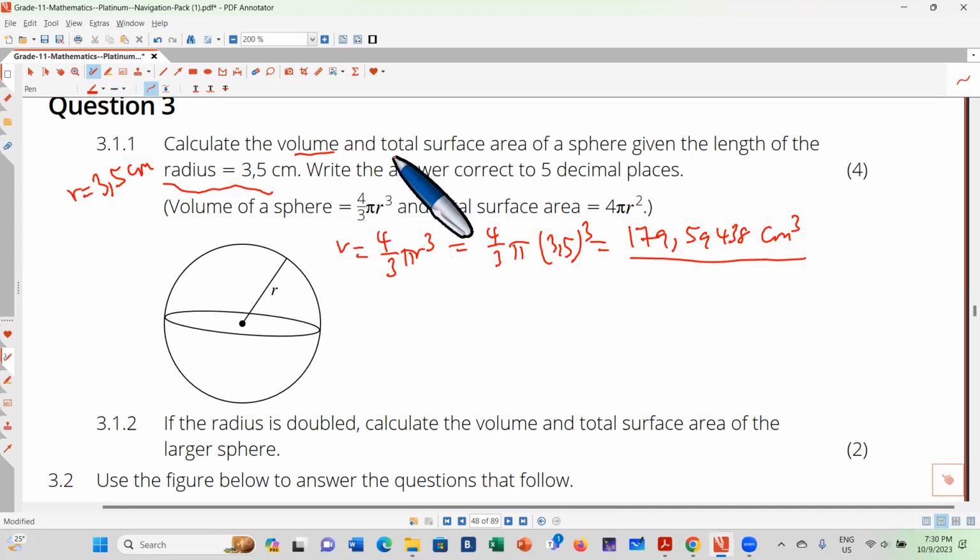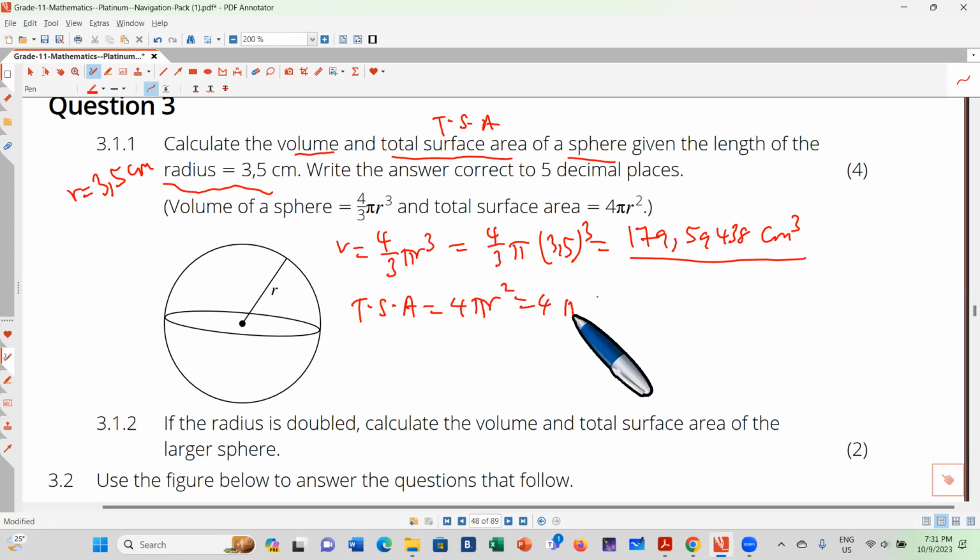But you must also calculate the total surface area of a sphere. What is the formula? It has already been given: 4 pi r squared, because the volume of a sphere is 4/3 pi r cubed, and the total surface area is 4 pi r squared. So 4 pi, and the radius is 3,5.